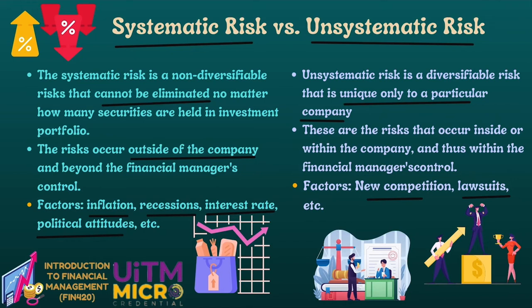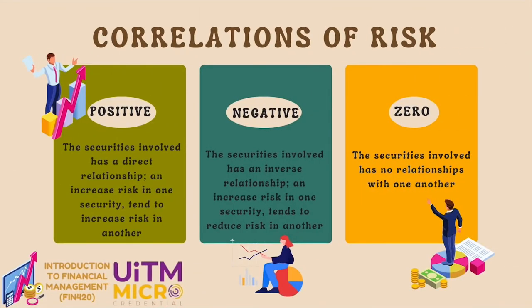Okay, class, I hope by now you can understand the two types of risks here. And we are now going to learn about correlations of risks in this slide. There are three possible correlations in risk: positive correlation, negative correlation, and zero correlation.